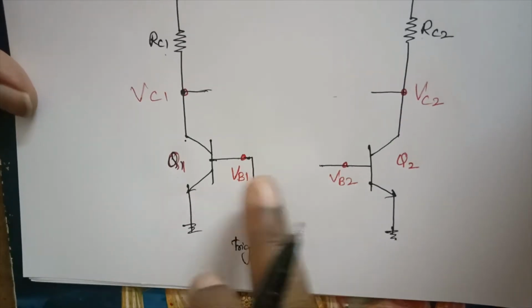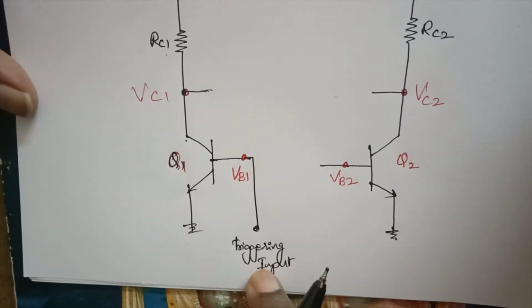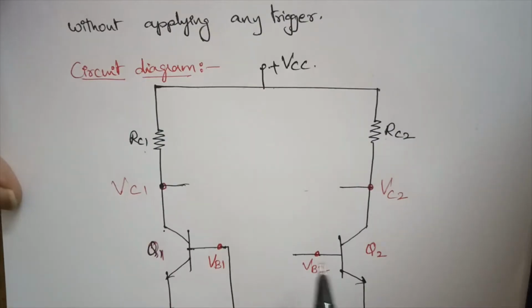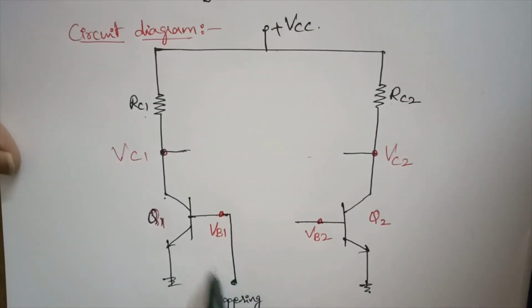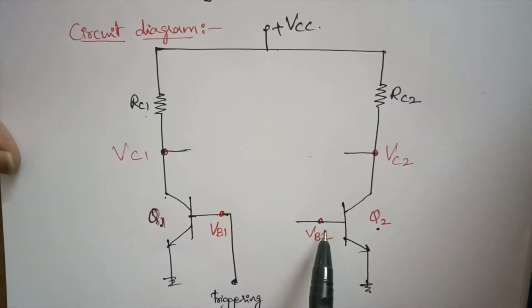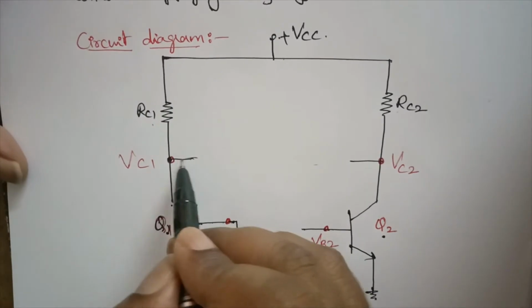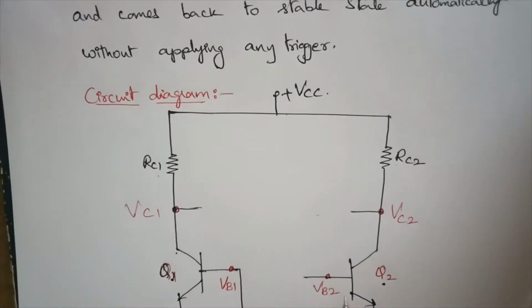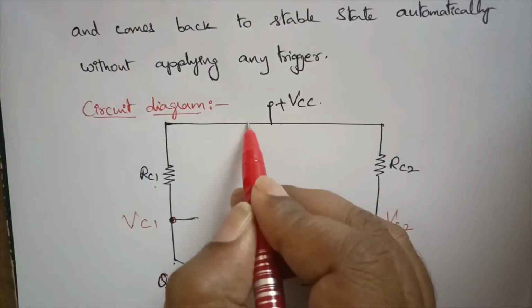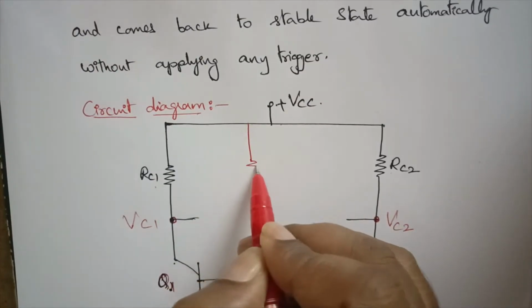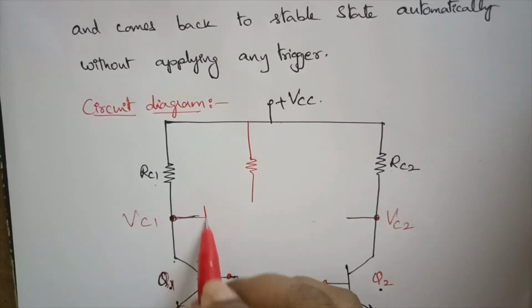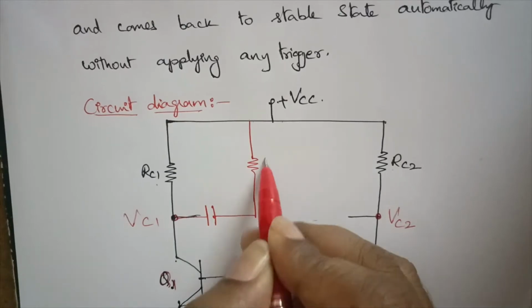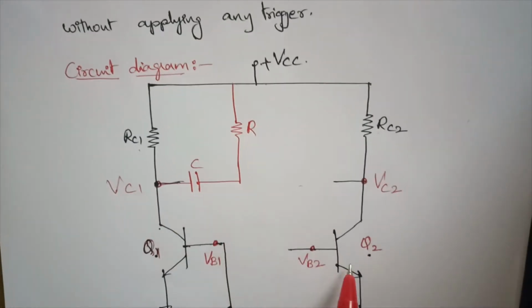Here we are applying the triggering input for Q1. Now Q2 will be on only through an RC network. So for Q2 we require an RC circuit, and that's why I am connecting the RC circuit here. This RC circuit turns on Q2.